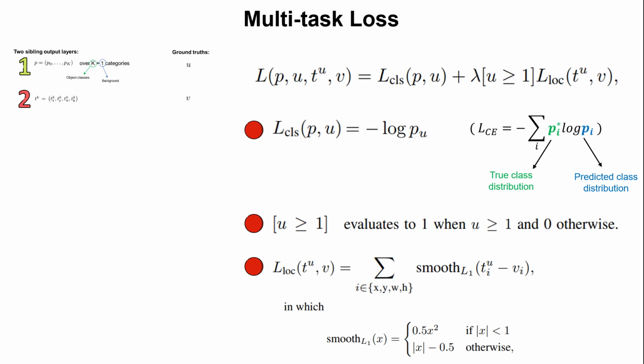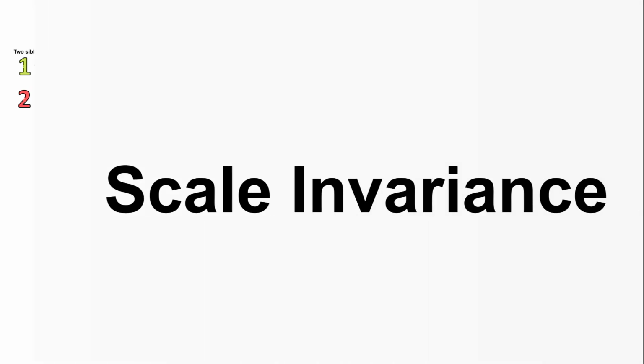Now the only thing that remains in the formula is the lambda hyperparameter, which controls the balance between the two task losses. We actually should not care about it, because in the original paper lambda is set to 1 and both losses are equally important.